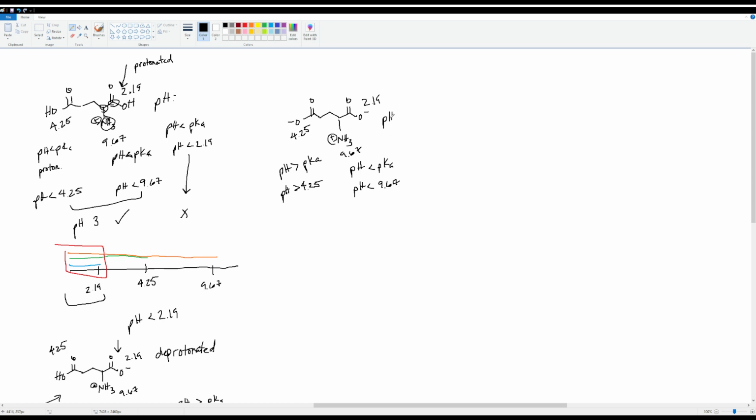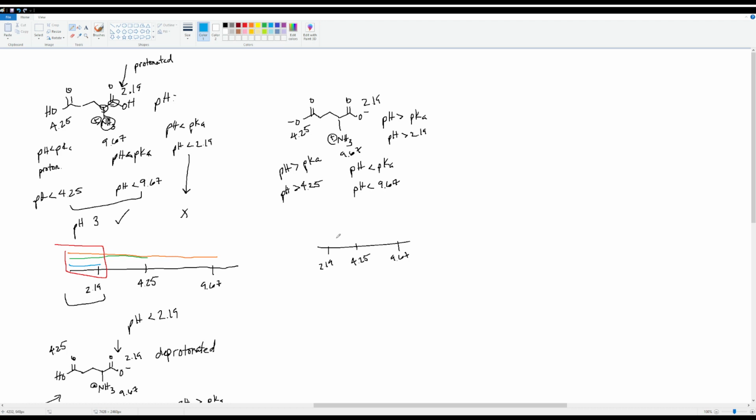And then finally, my carboxyl group, my pH must be greater than my pKa to get a deprotonated carboxyl group. So my pH is greater than 2.19. Okay, so then looking at our number line again, 2.19, 4.25, and 9.67.